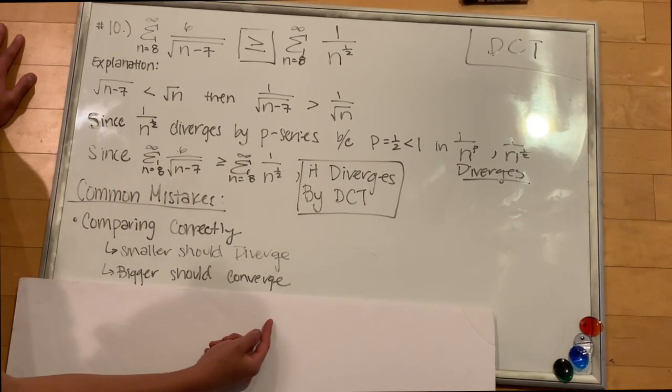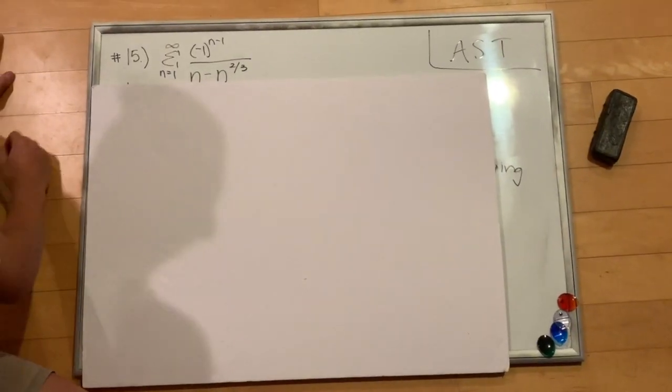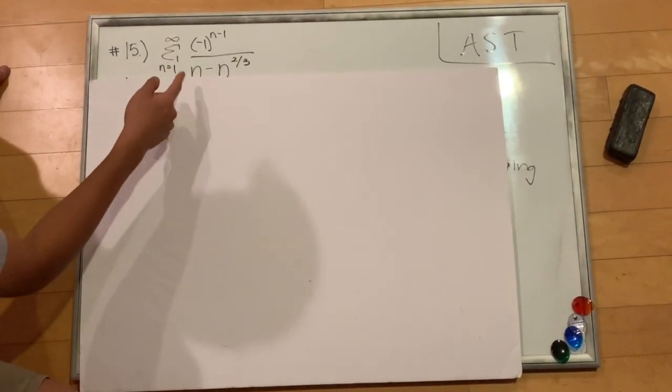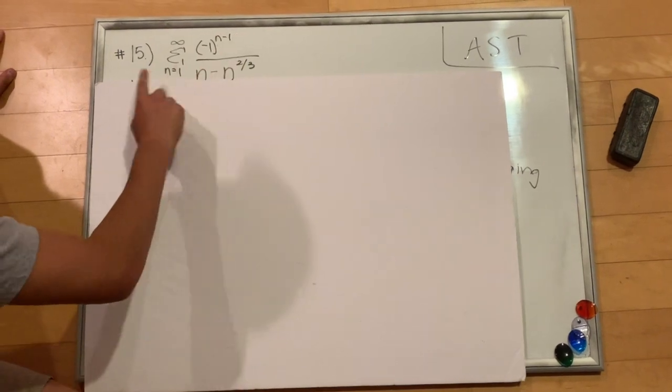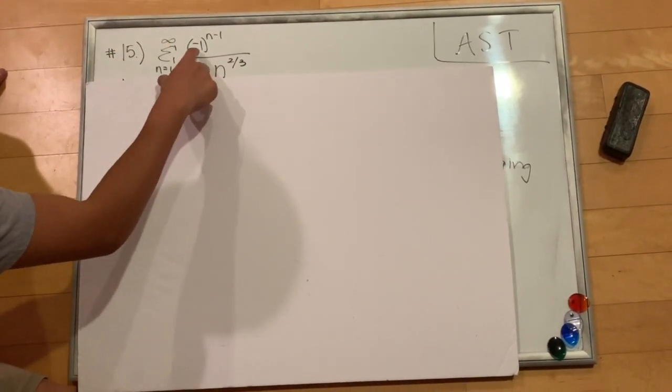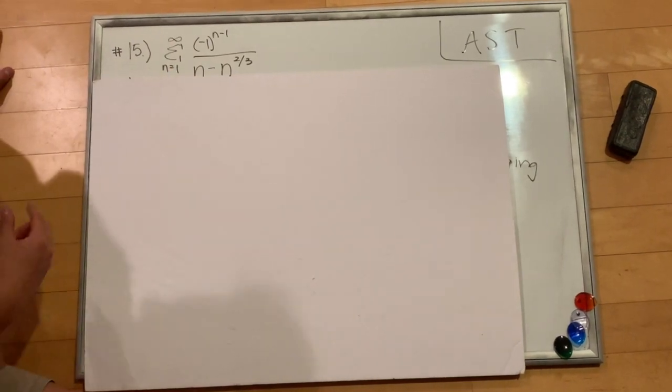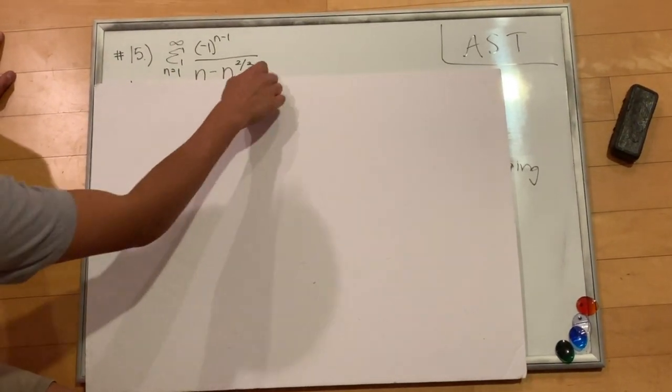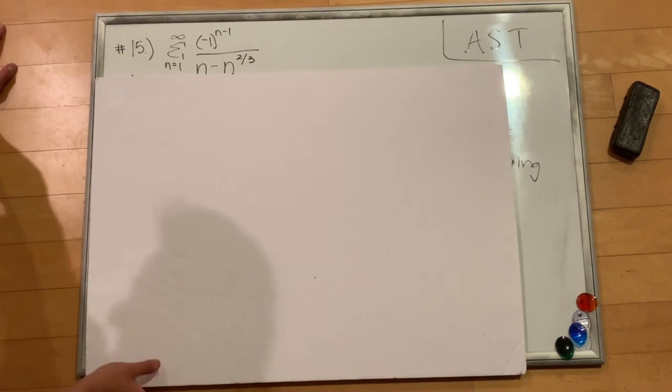should always converge. So now we have number 15, which is the sum from 1 to infinity of (negative 1) to the n minus 1 over n minus n to the 2/3. When we first see this (negative 1) to the n minus 1, that should be a red flag for us to know that this is going to be an AST problem.